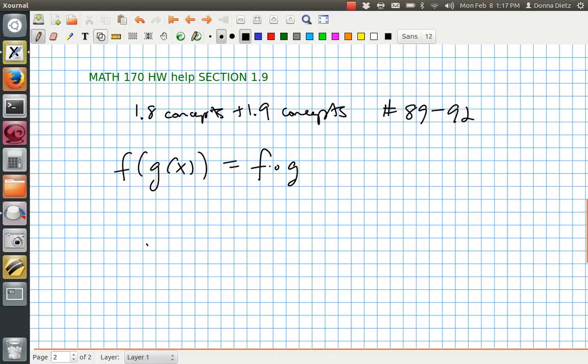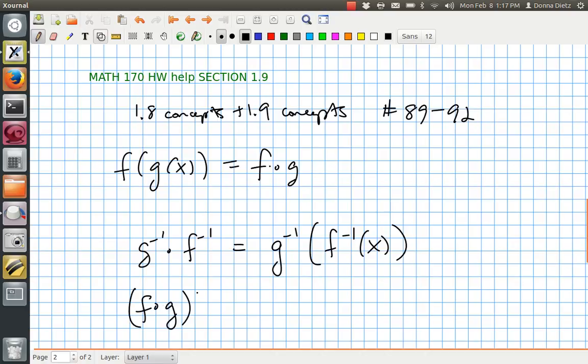When you write g inverse composed with f inverse, it just means g inverse of f inverse of x. That's all it means. Here's another concept though: the inverse of f composed with g means g inverse and then f inverse.